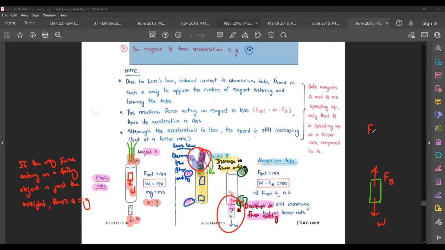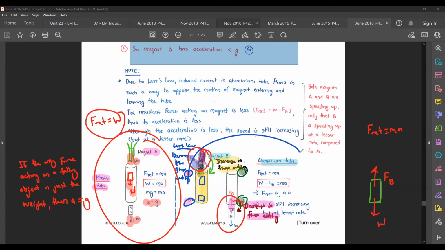If I apply F net equals to MA, if I just look at this one itself, this one, my net force was W. This one, my net force is W minus FP.